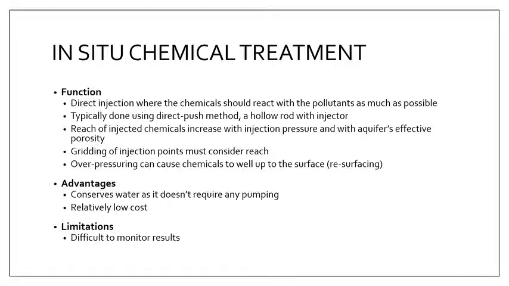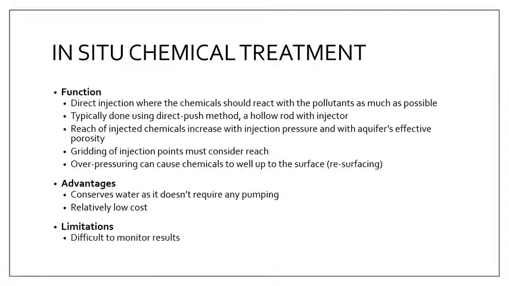And the typical applicator or equipment used to do in situ chemical treatment is the direct push method, which is basically a hollow steel rod with an injector. Okay, so we push a rod into the ground, and it has an injector which introduces the chemicals into the subsurface.